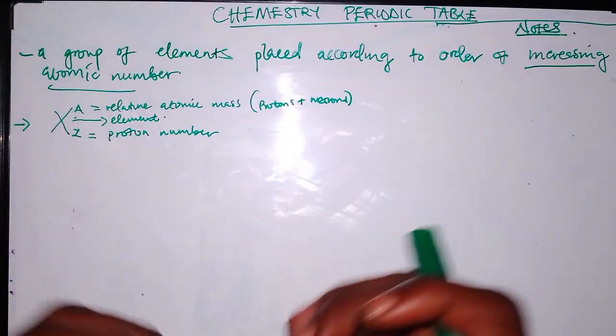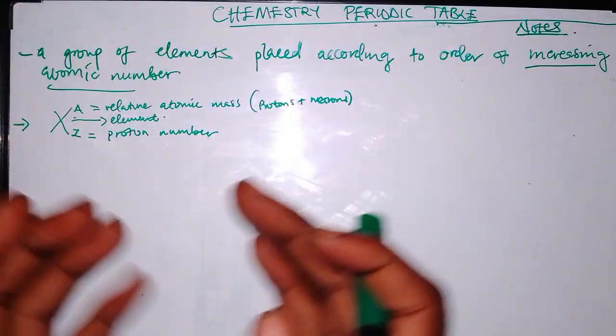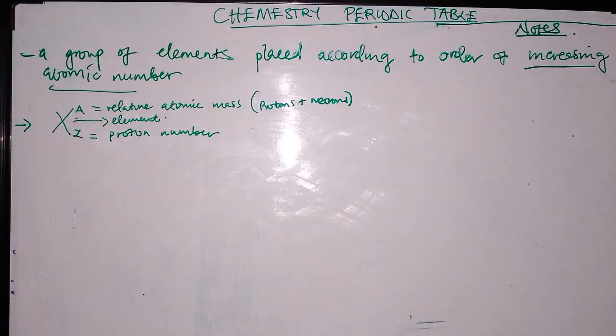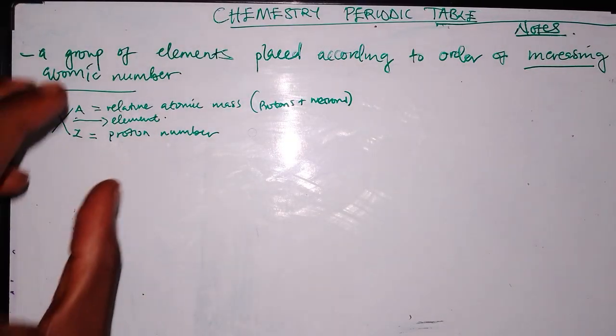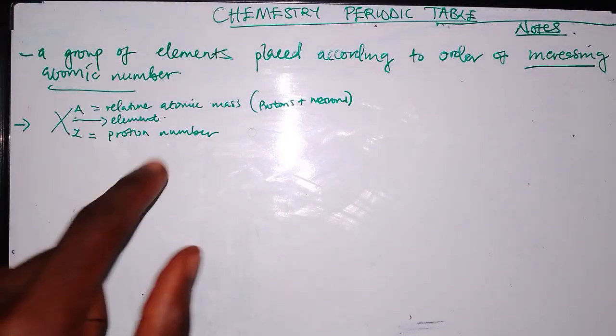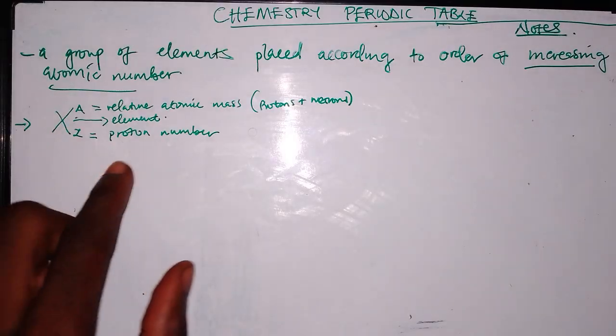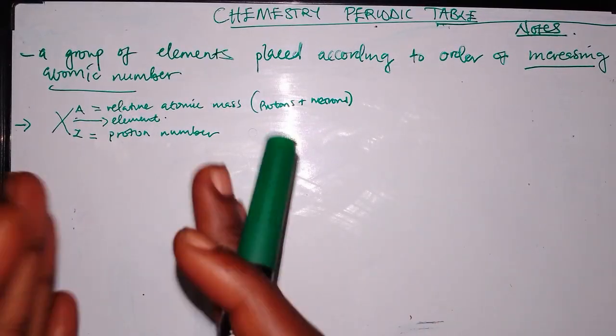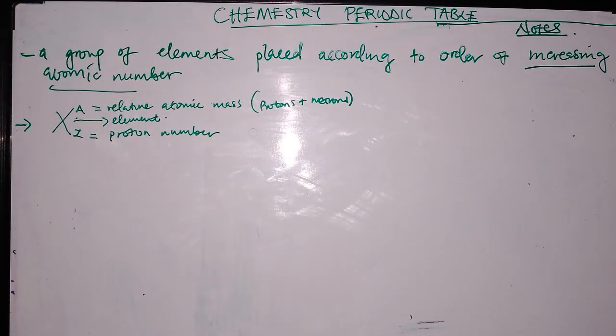Then the proton number basically just represents the number of protons in the nucleus. So this key will help you to identify the relative atomic mass and the proton number, including the element on the periodic table.